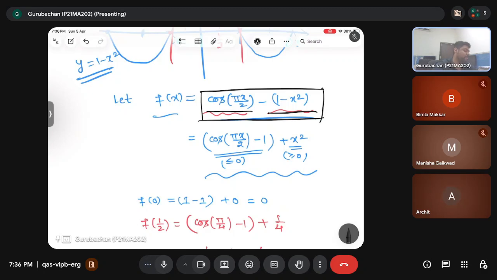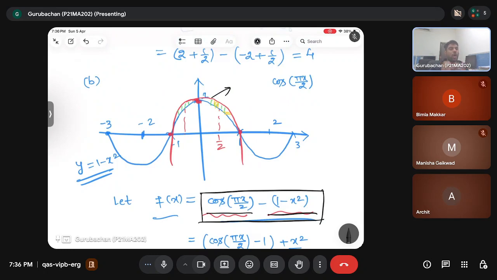Explicitly tell me, how many times can it cross the x-axis first of all? The 1 minus x square graph? Two times, at -1 and 1. How many times can cos cross that?